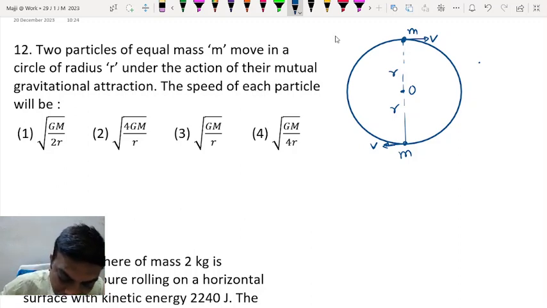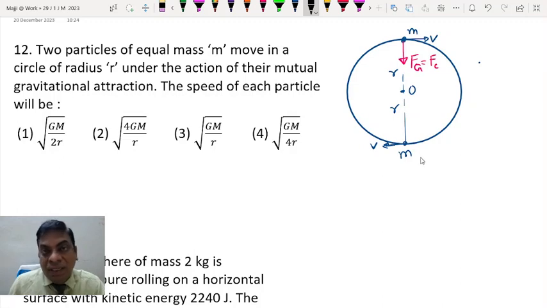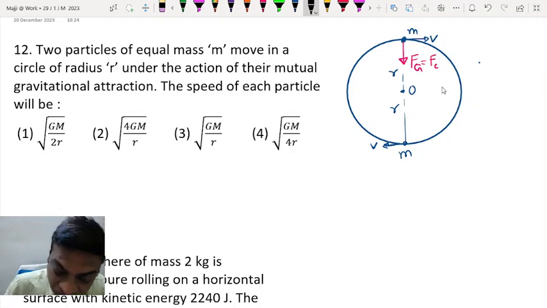Here the only force acting on any one of the two particles is the gravitational pull exerted by the other. So this should cater to the need of the centripetal force required for a particle to go along the circle. So gravitational pull will be G product of masses upon separation squared.